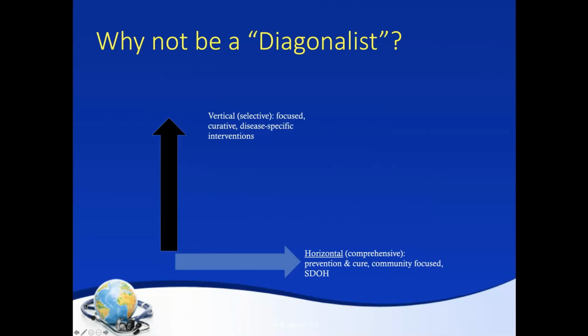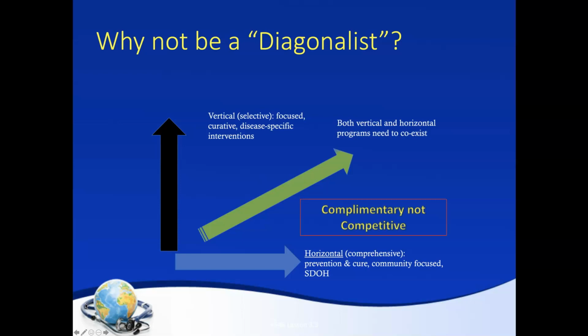And so we've gone from this vertical and this horizontal approach, vertical being the biomedical model, horizontal being the primary healthcare model, and thinking about maybe doing a diagonal model. And why not be a diagonalist? And so that's where both the biomedical model and the primary healthcare model can coexist, and they're complementary and not competitive.